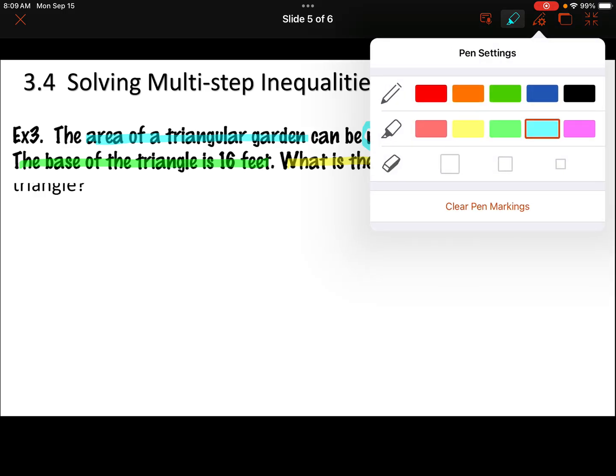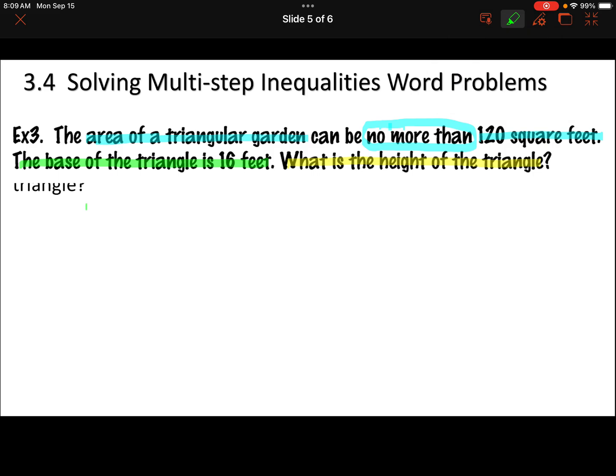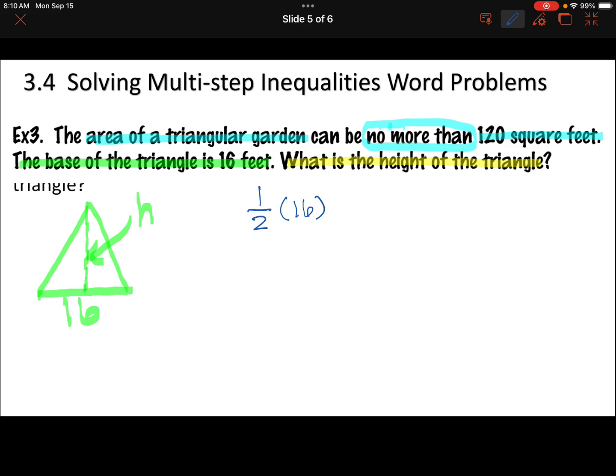Okay, so let's go ahead. First, we're going to draw our picture. That defines our variable on area and perimeter problems. We've got 16, and we've got h. So area, remember, is 1/2 base times height. So area is going to be 8h.